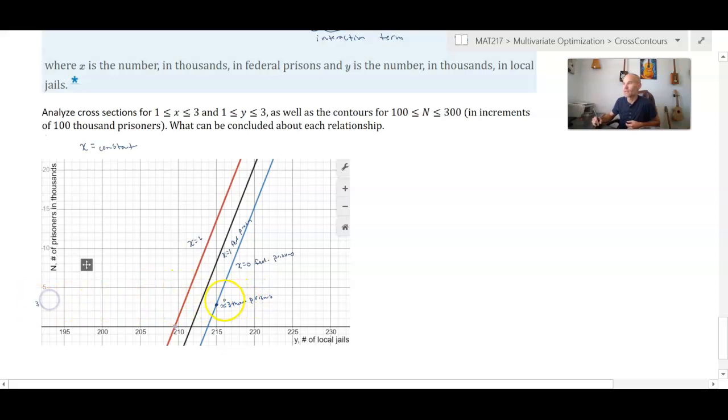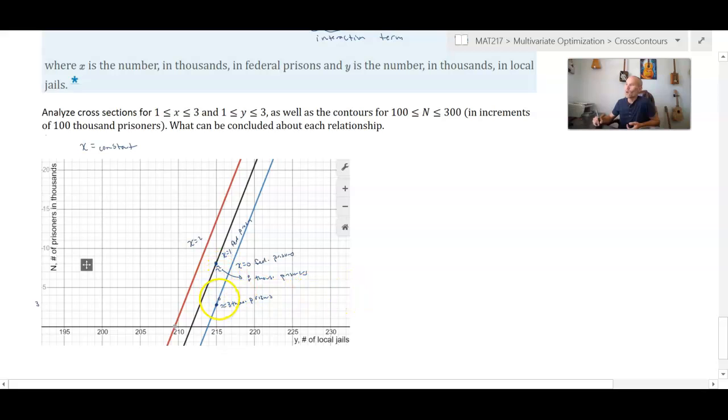This is about 3. However, for that same number of local jails, but with having 1 federal prison, notice that we're now at about 8. That point right there is approximately 8,000 prisoners. So this suggests that the more local prisons you have, the more prisoners you're going to be able to have in these prisons.